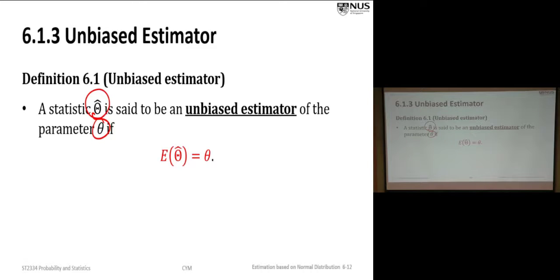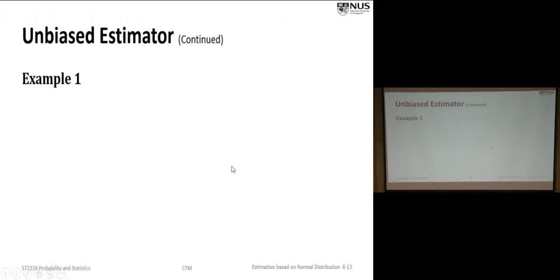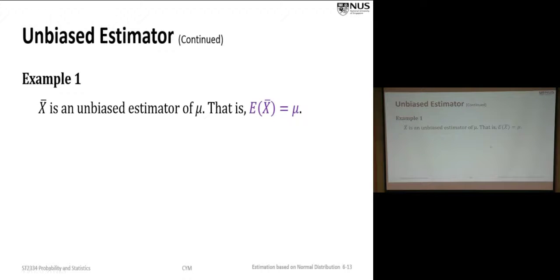An example is x bar. We can show that expectation of x bar equals mu. This holds for any distribution. It's a good exercise to show that expectation of x bar equals mu.